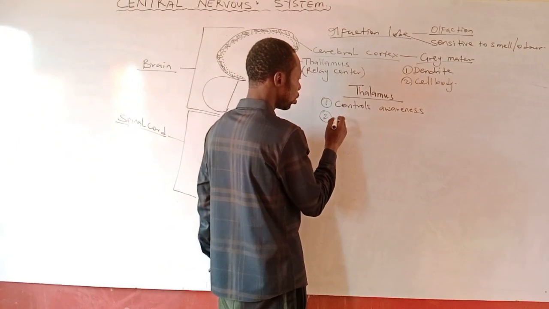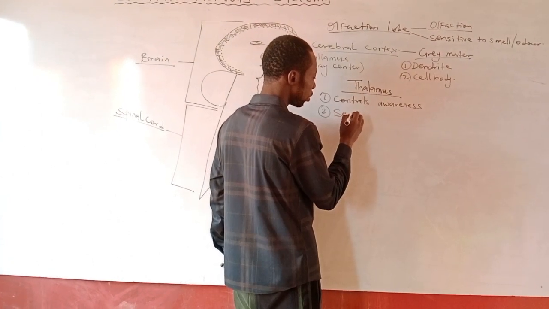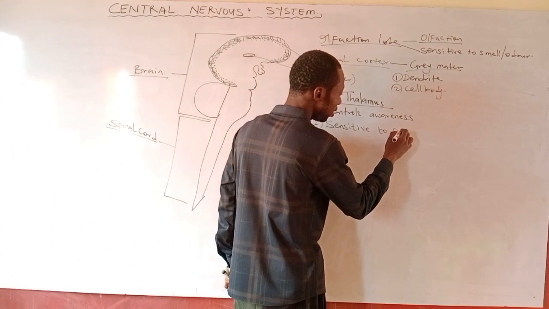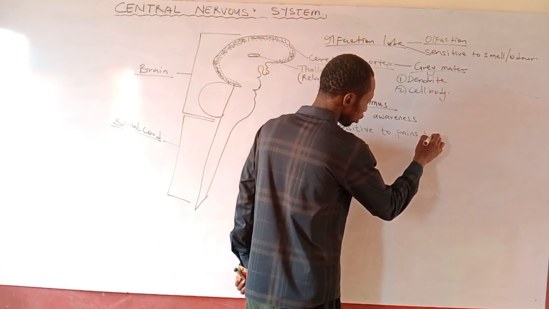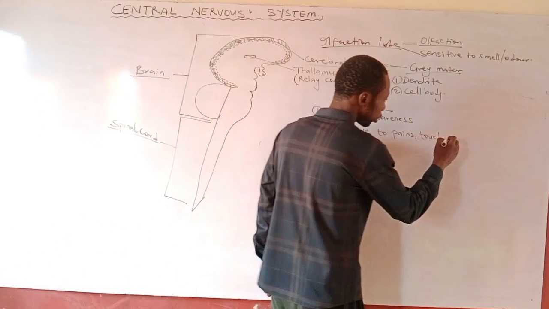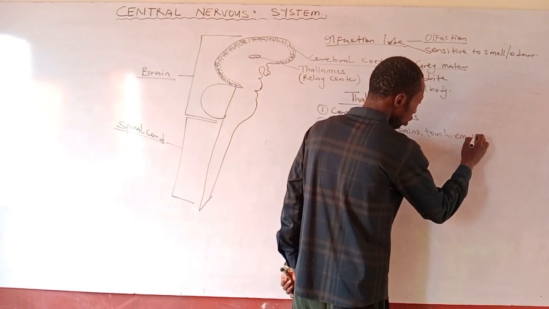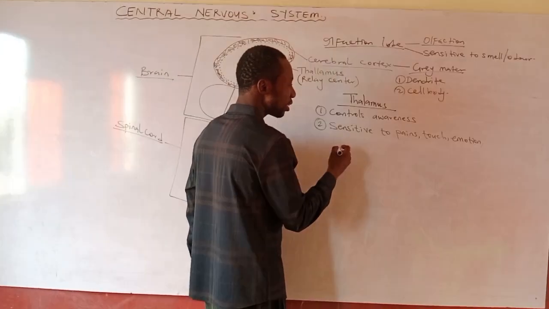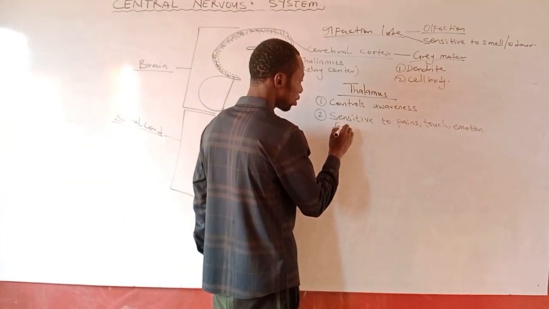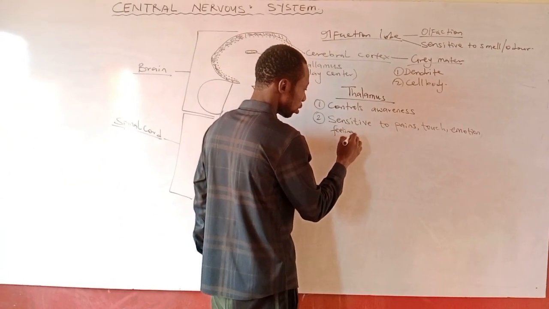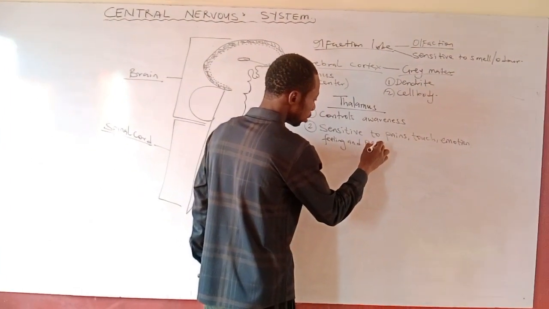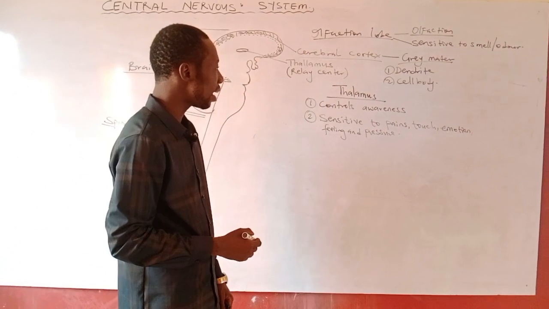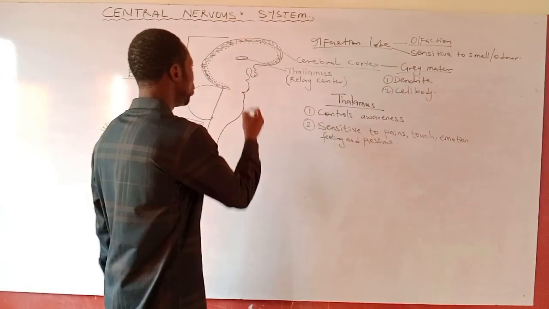Number two, the thalamus is sensitive to pain, touch, emotion as part of the limbic system, and is also sensitive to feelings and pressure. These are the functions of the thalamus.